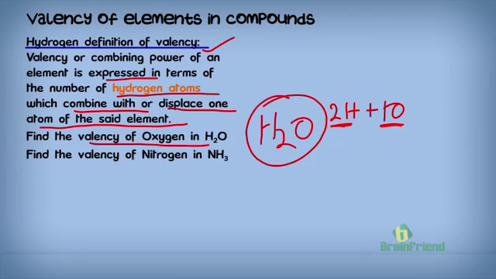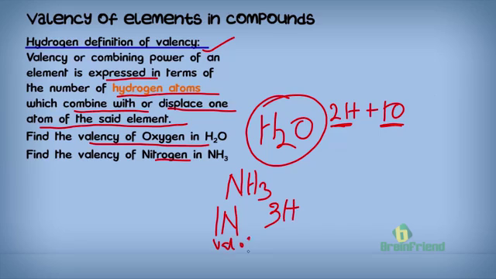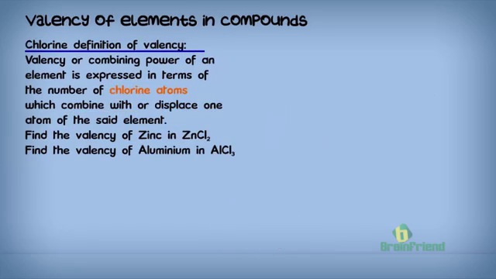The second one says, find the valency of nitrogen in NH3. We do the same. We have 1 atom of nitrogen combining with 3 atoms of hydrogen. Therefore, the valency of nitrogen would be 3 because it is combining with 3 atoms of hydrogen. So this is just a simple way we can find out the valency of elements that are in combination with hydrogen.